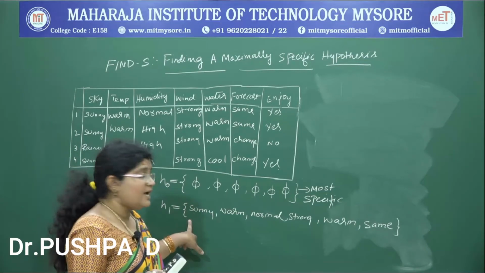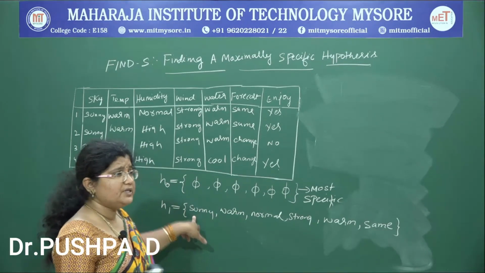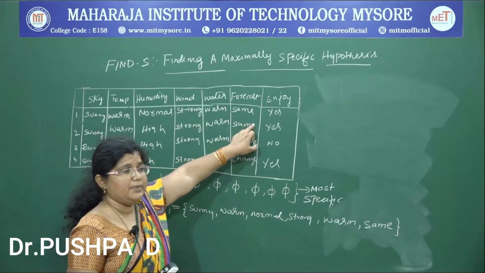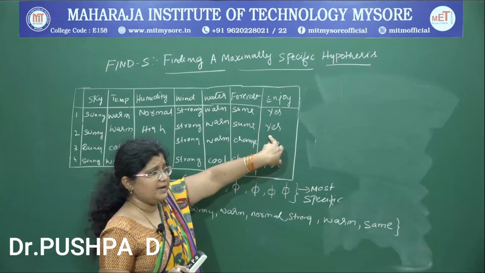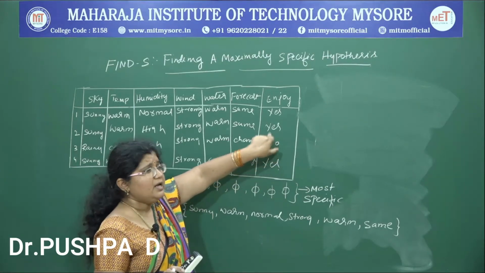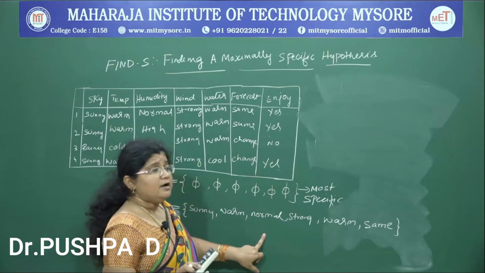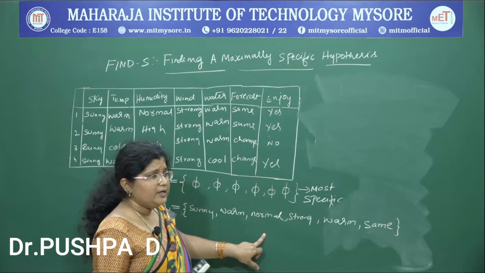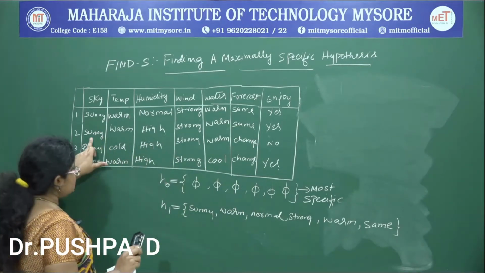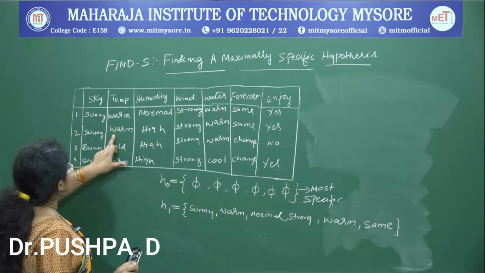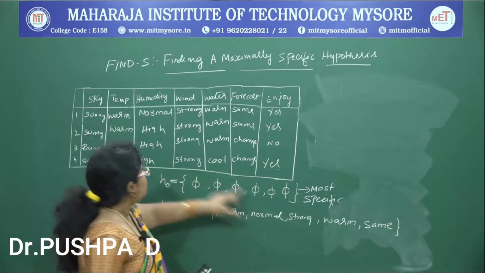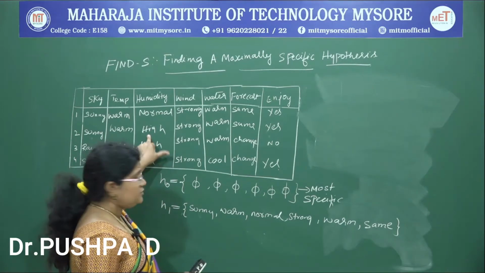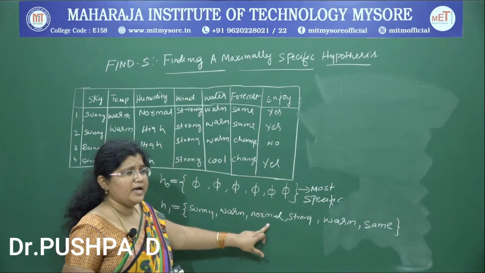So, this hypothesis is only consistent with the first training example, but when you compare the second positive training example with the hypothesis H1, then what happens? The sunny will match, and warm is going to match. Here it is normal, but this is high. So, these two are not going to match.